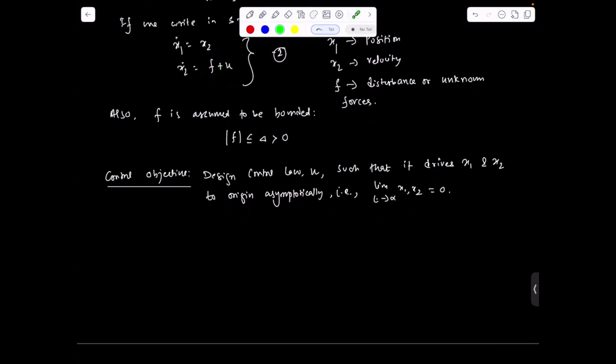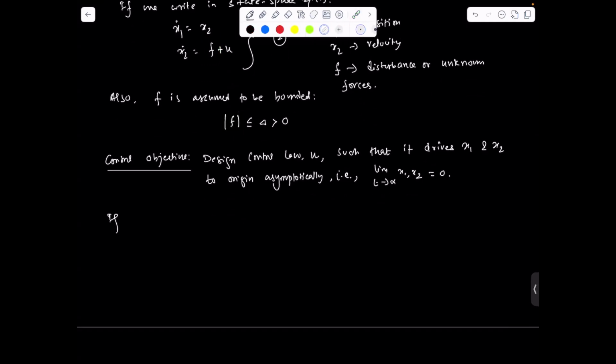If you simply use state feedback control in the absence of f, which is an unknown function, we can easily derive the control algorithm for this system defined by equation 2.